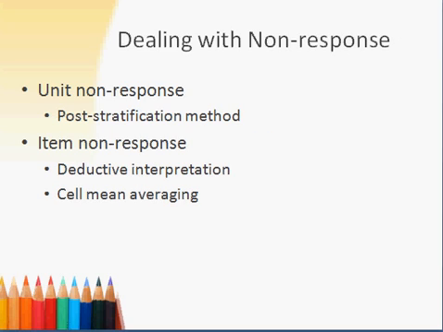For the unit non-response, we also applied the post-stratification method. And for item non-response, we also apply deductive imputation. Deductive imputation can be used based on the answers for the two other known variables. And that's why we have 3 variables, right? And of course, we also use a little bit of cell mean averaging.